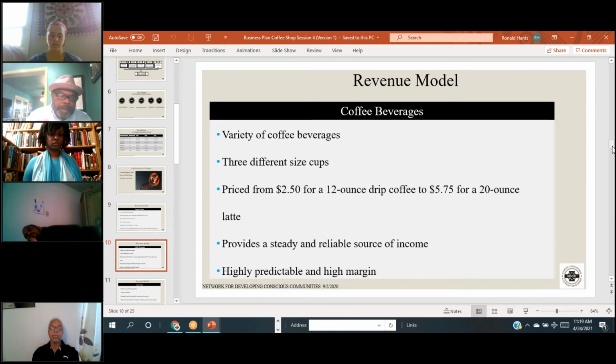That helps you to determine your revenue. How many small cups of coffee are you selling per day? How many medium? How many large? Once you understand that data, then you can build a financial model around that.